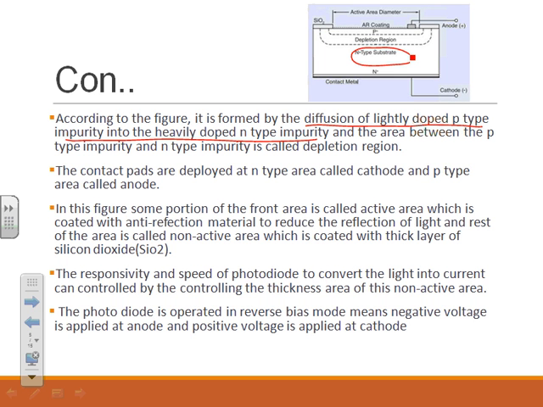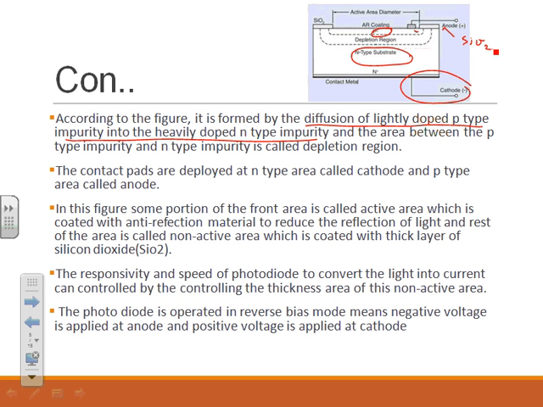To this n-type substrate, we dope a lightly doped p-type material like this. The contact parts are developed at the n-type area, called the cathode, and there is a contact area on the p-type material, called the anode. This is the silicon dioxide layer, a non-conductive layer.